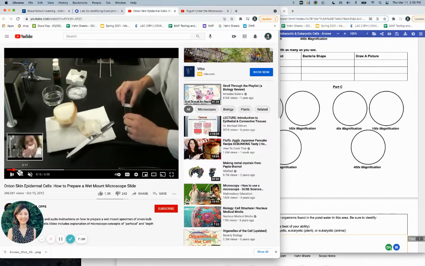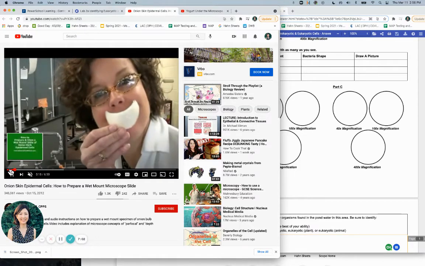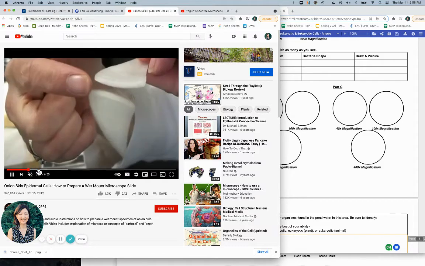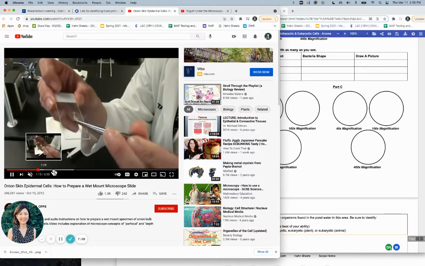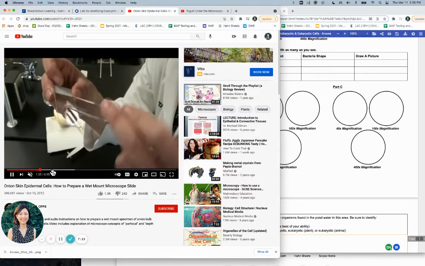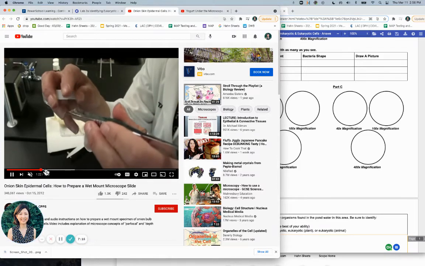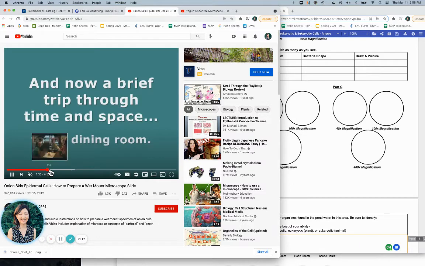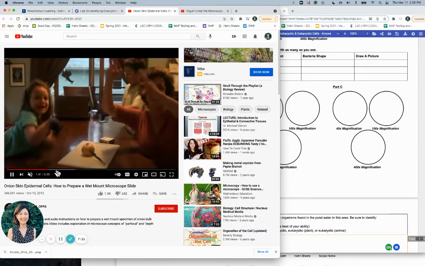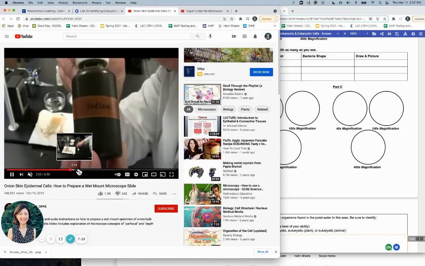It's kind of cool to see how she prepares it. You can obviously put the sound on for yourself. Just getting a tiny, thin piece of the onion skin, and she's going to put it into the microscope.